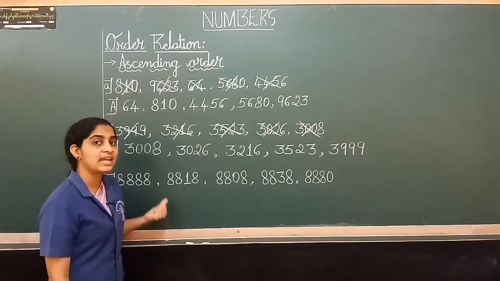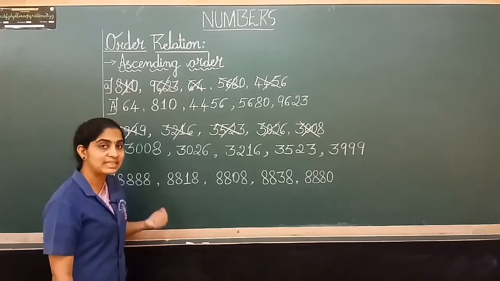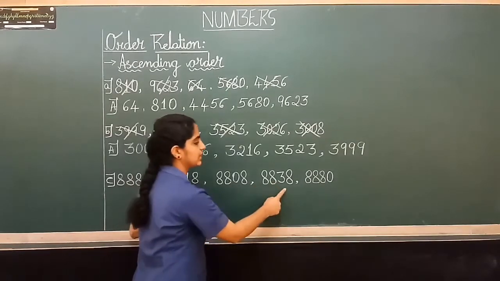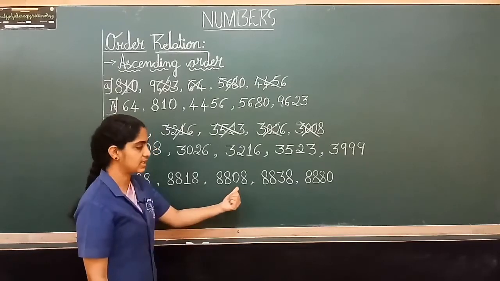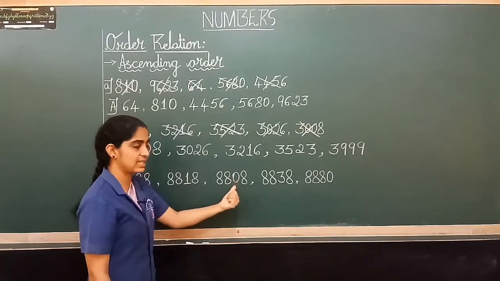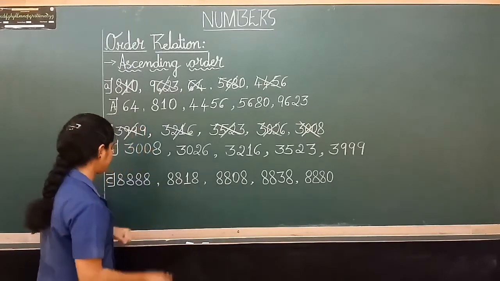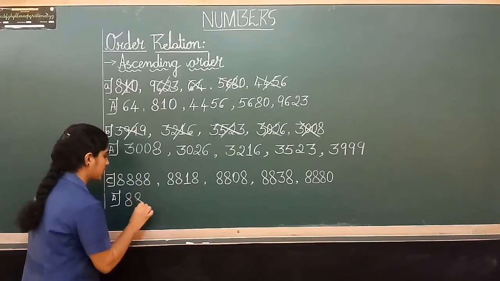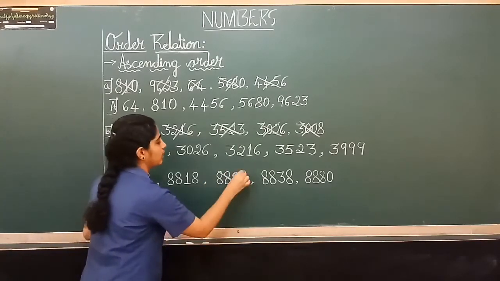Now, we have to see which is the smaller digit compared to all these digits. Here we have 8, 1, 0, 3, again 8. Which is the smaller one? Yes, 0 is the smaller one. That means this is the smaller number. We have to write this number first. 8808 is the smaller number.